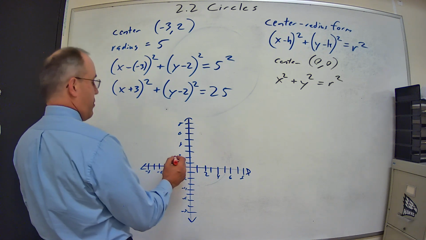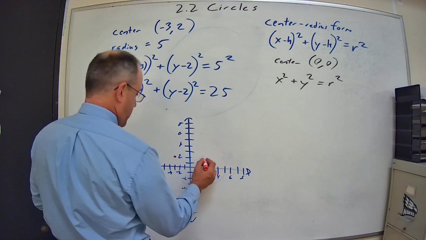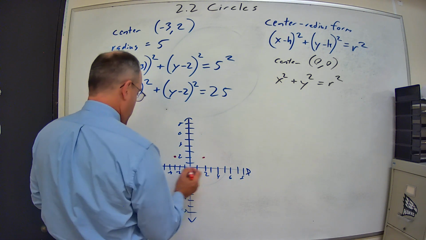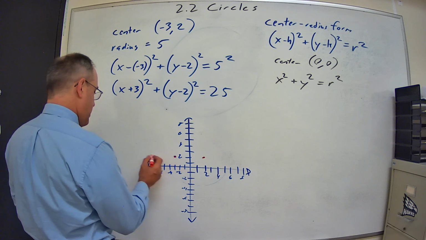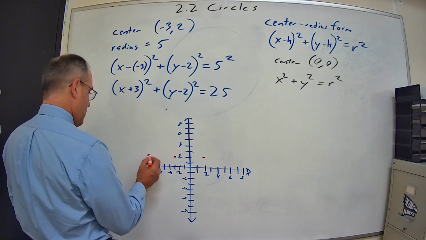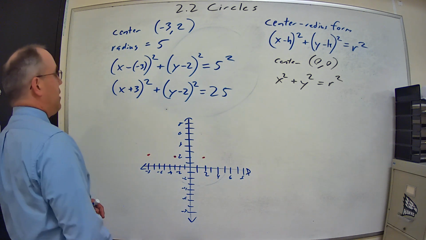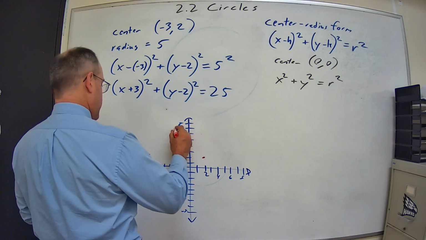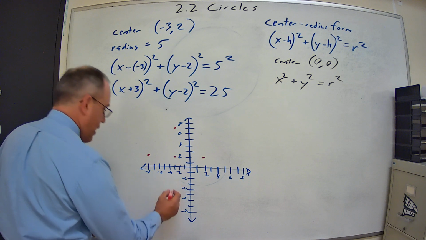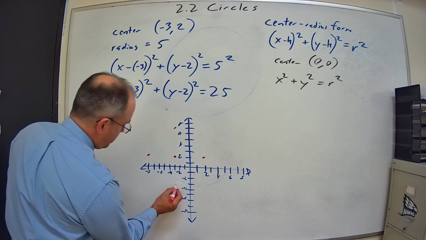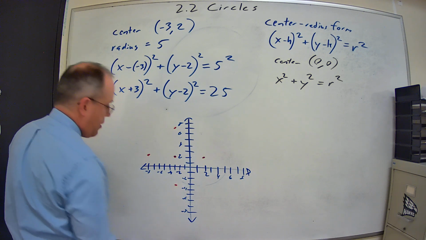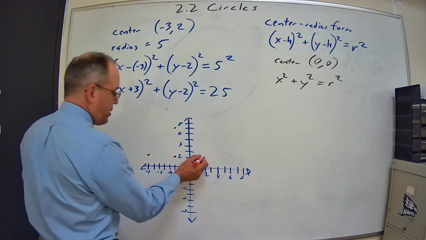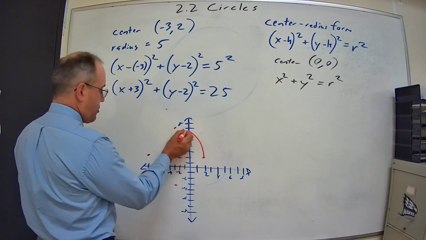So -3 plus 5 is +2. -3 minus 5 is -8. So I have my two side points, and then 2 plus 5 is 7, and 2 minus 5 is -3. So now that I've plotted those points, I can come and make my circle.